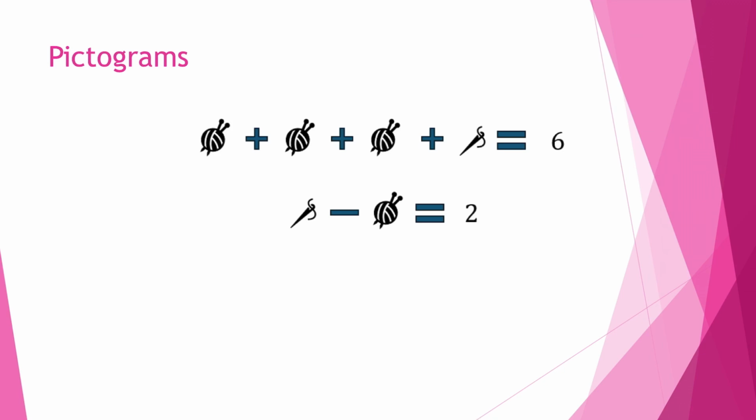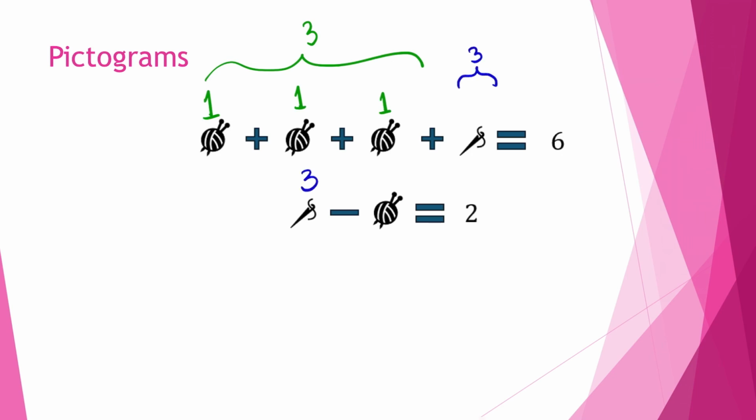Okay, hopefully you paused it. If not, and you just want to hear what the answer is, that's totally fine. So at this point in time, there's not a lot of algebraic manipulation that we know of yet, so it'll be mostly guess and check. An easy number to start with is the number 1. So if we say that each one is equal to 1, that would mean that this whole part is equal to 3, which means that this part would be equal to 3, the needle here.